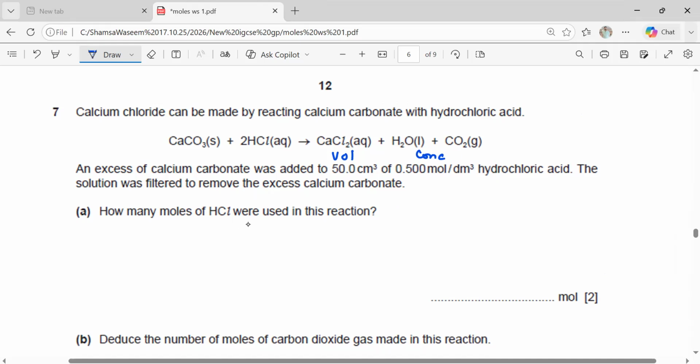Should I wait for your response, girls? Will you calculate moles of hydrochloric acid? Okay. Do let me know the moles, okay? Do not forget to convert volume into decimeter cubes.